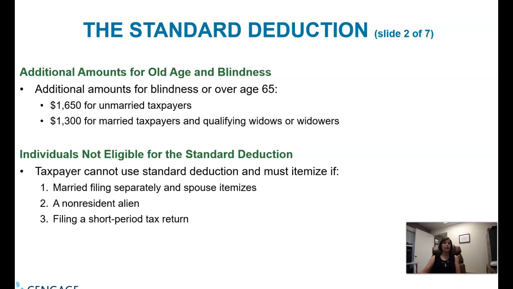Well, this can be particularly unfortunate. If we think back in the beginning to our example of Bill, who had a choice of taking $6,500 in itemized deductions or his standard deduction of $12,200. Now let's say Bill was in fact married and had a spouse that was filing separately, and that spouse had substantial itemized deductions.